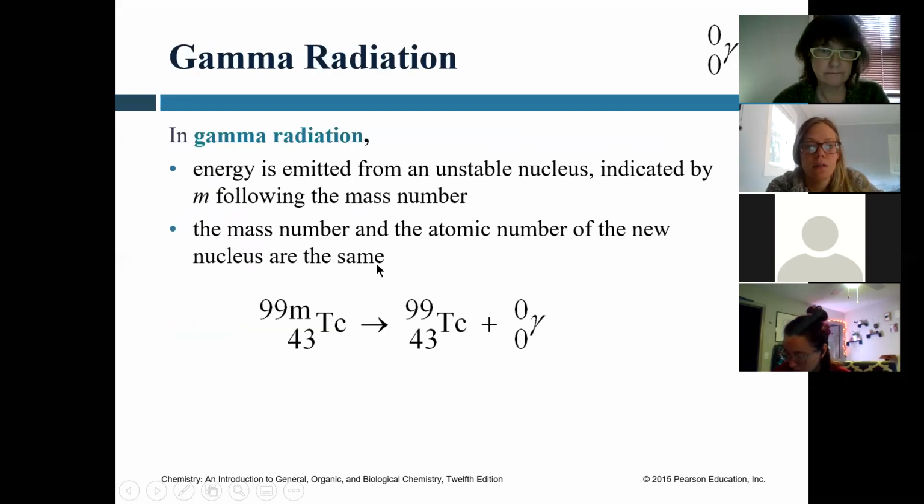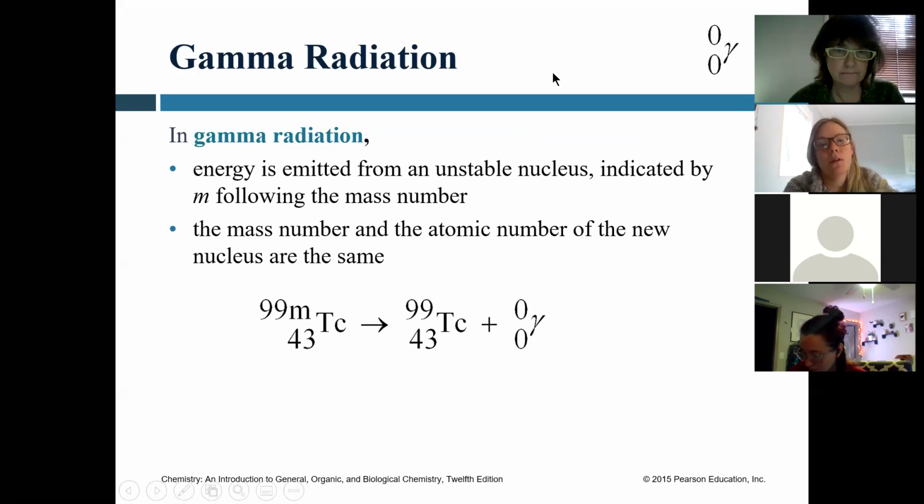So then we have gamma radiation or gamma emission. Because it doesn't have any mass or any charge, it's not actually going to change what the nucleus is. It's just going to make it more stable, releasing some of the energy from the nucleus. A lot of times the unstable nucleus will be indicated with a little M symbol.